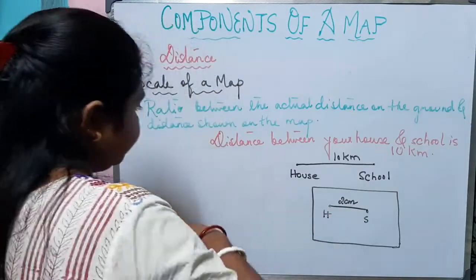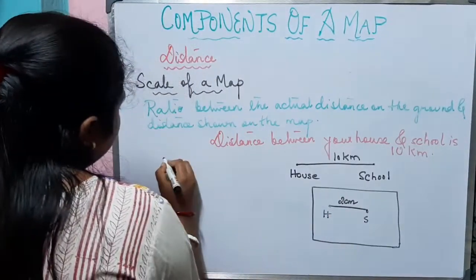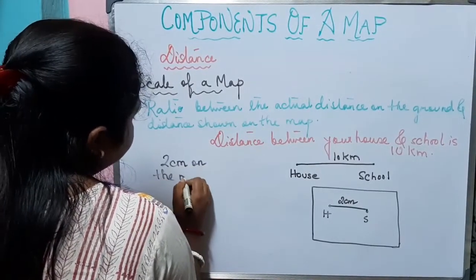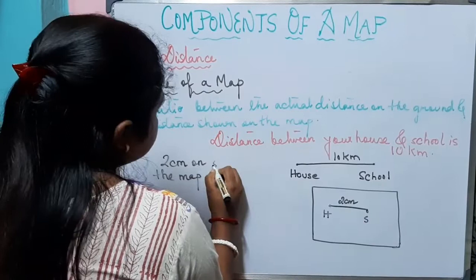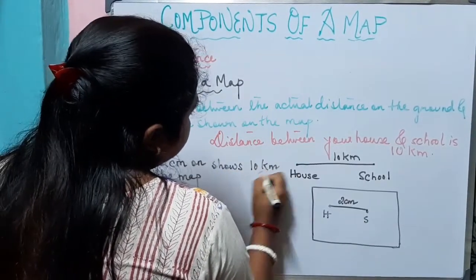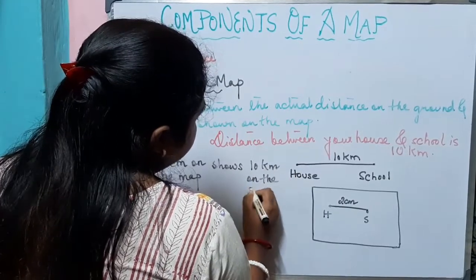That means 2 centimeters on the map shows 10 kilometers on the ground.